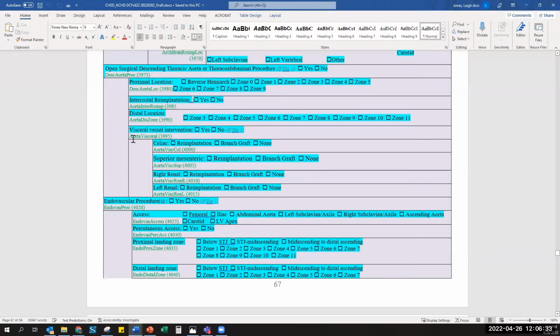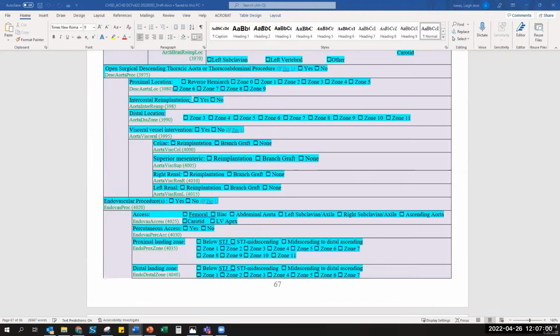Then we move on to visceral vessel intervention. So during this procedure, did you have any of the visceral vessels that were revascularized, either by sewing vessels to the graft or reimplantation or using a branch graft? And so it goes through each of the vessels, the celiac, the superior mesenteric, the right renal, the left renal.